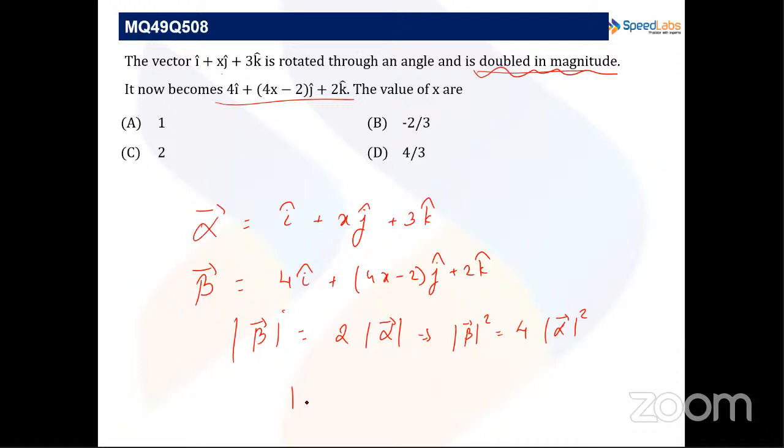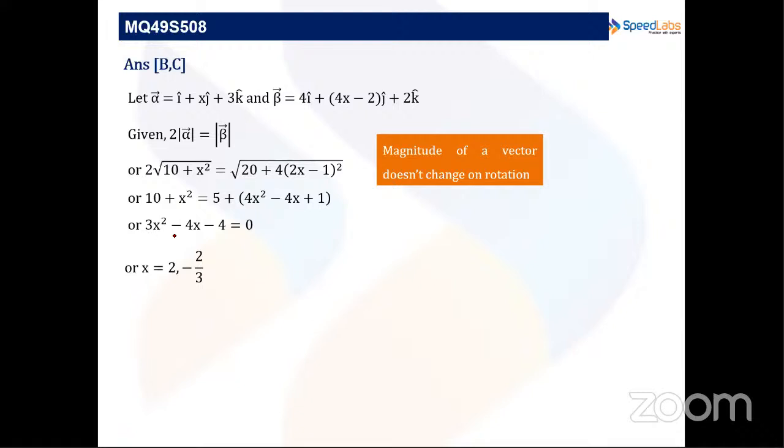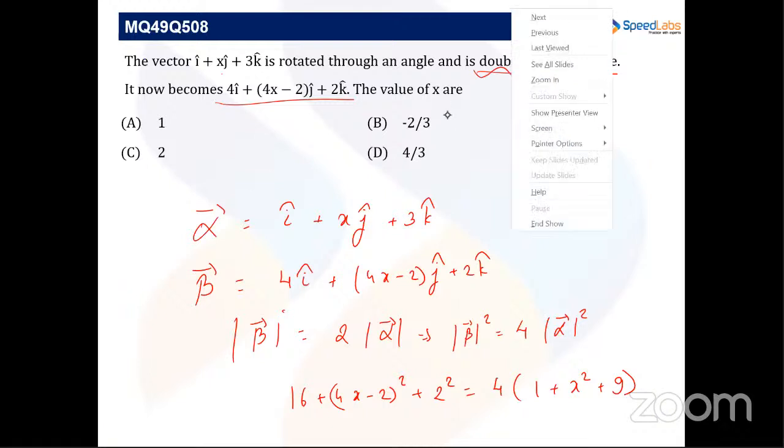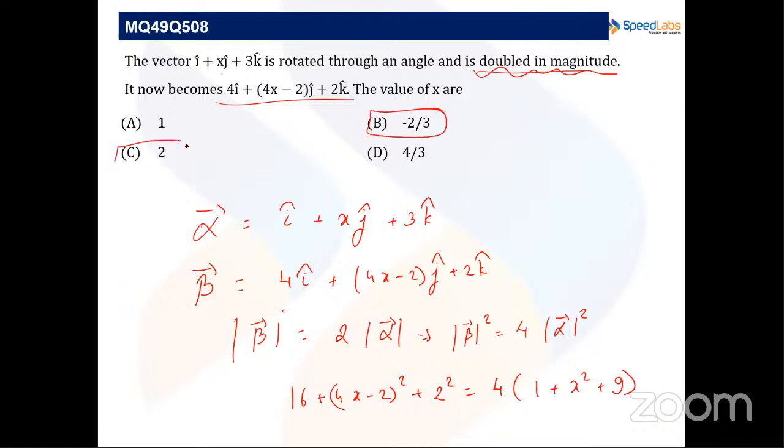So 16 plus (4x minus 2) whole square plus 2 square is equal to 4 times (1 plus x square plus 9). On solving this, we get a quadratic equation in x, and the two roots are x equals 2 or x equals minus 2 by 3. So the correct options are B and C.